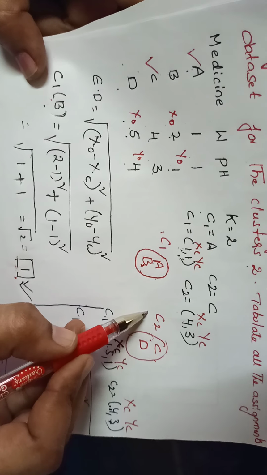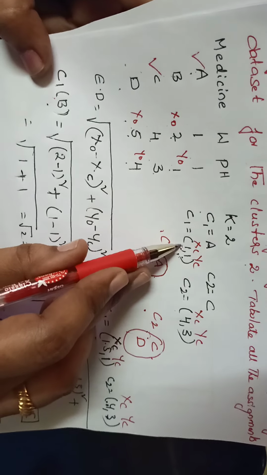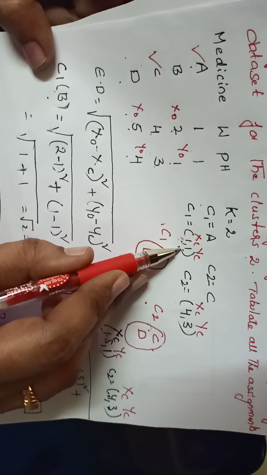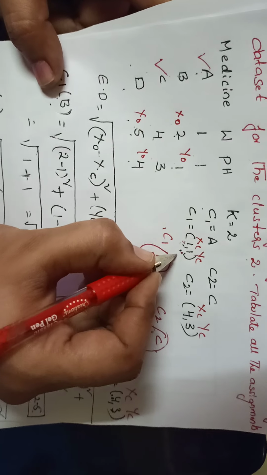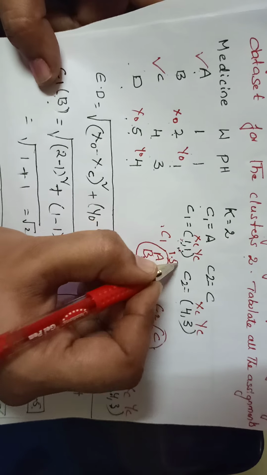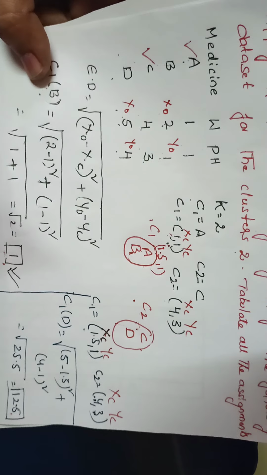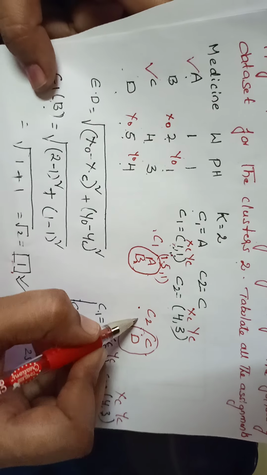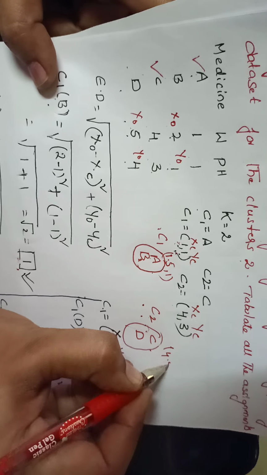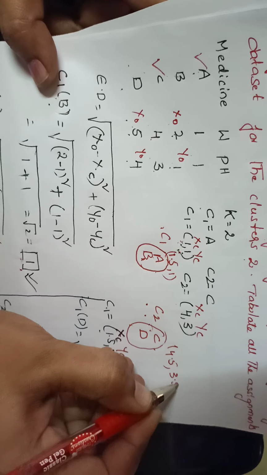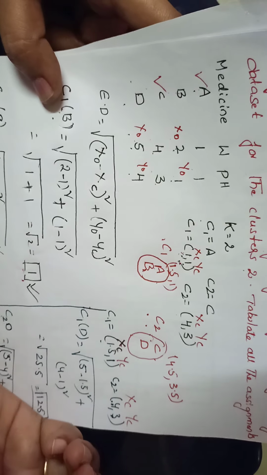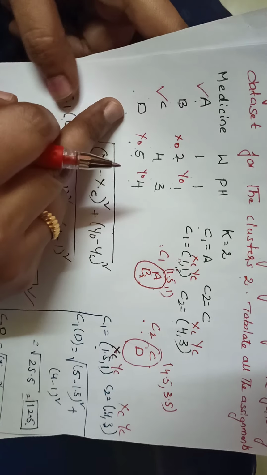Okay, what are the new centroid values? Actually the old values are 1 comma 1 for C1. Now the new values for C1 are 1.5 comma 1. For cluster 2, what are the new values? 4.5 comma 3.5. So already we have 4 data sets.